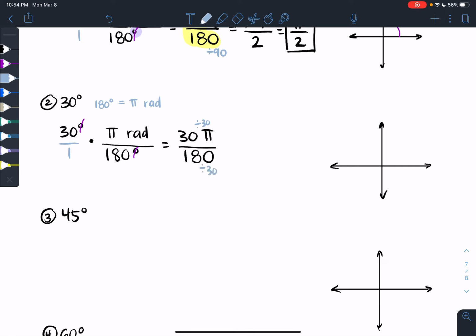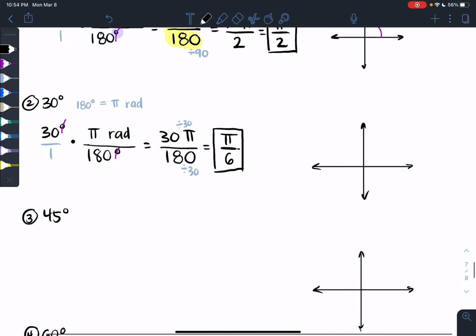So if we divide top and bottom by 30, we end up getting pi over 6. So this means that 30 degrees is equal to pi over 6 radian.